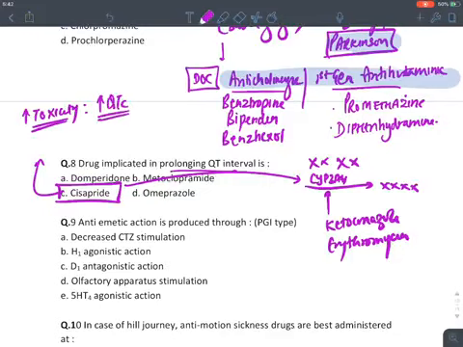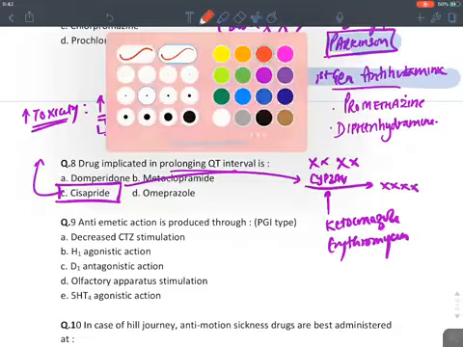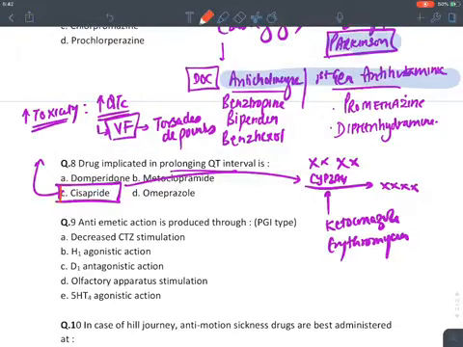Its toxicity was an increase in QT interval on ECG, which was causing fatal ventricular arrhythmia known as torsades de pointes. The patients were dying suddenly, and because of this reason it got banned. Cisapride got banned because of erythromycin and ketoconazole. There was one more drug which got banned for a similar reason, that was tegaserod.